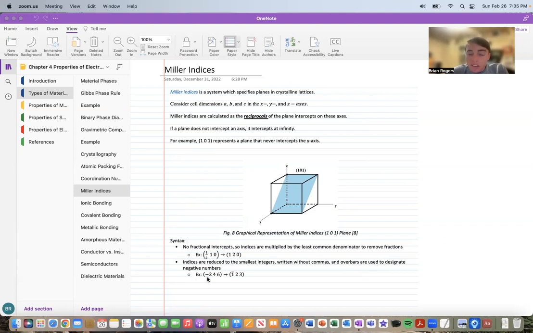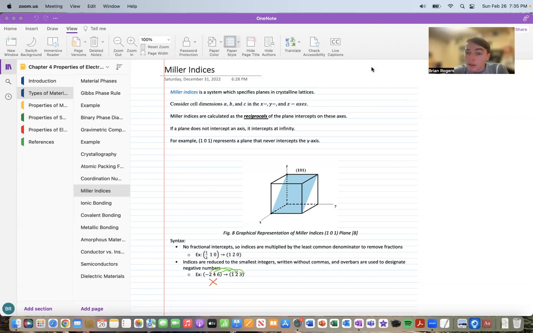We're going to fix this one right here. This is the incorrect one on the left-hand side, and we're going to try and fix it. Remember, we can't have multiples. We have to have the smallest integers. Everything's divisible by 2 while retaining whole number format, so I'm going to divide the first index by 2, the second index by 2, and the third index by 2.